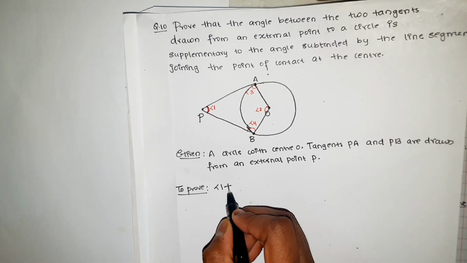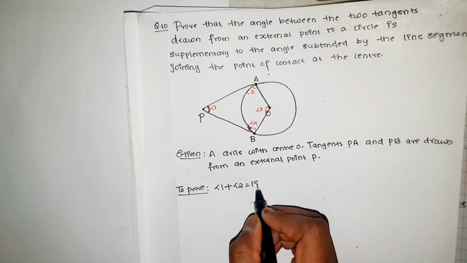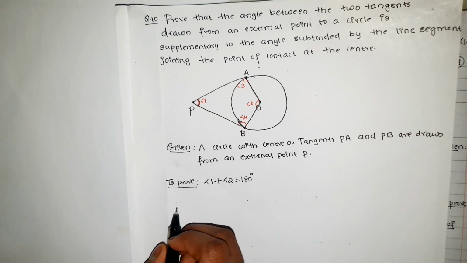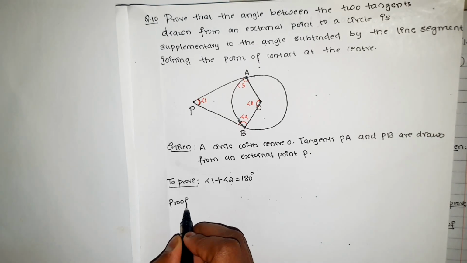Angle 1 plus angle 2 is equal to 180 degree. So next is our proof.